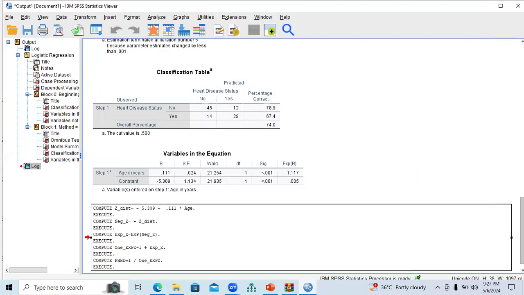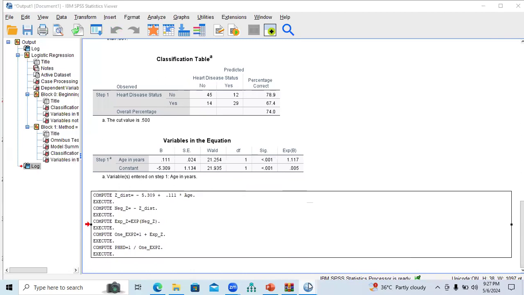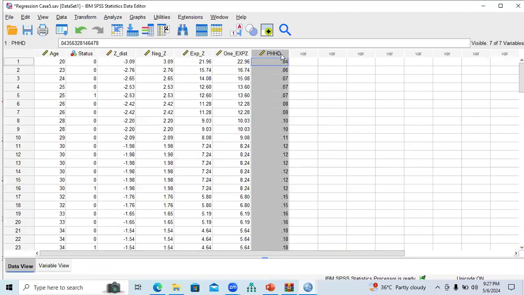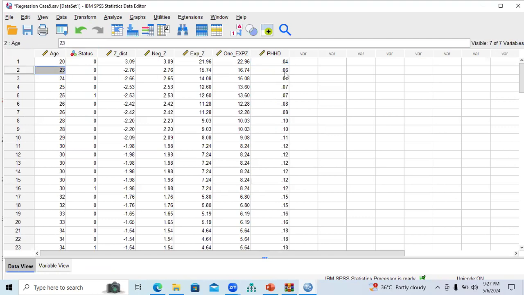So after computing it, now this is the probability of having heart disease. If you manually check, if a person has age 20, there is a 4% chance of having heart disease. If a person is 23 years old, there is a 6% chance.